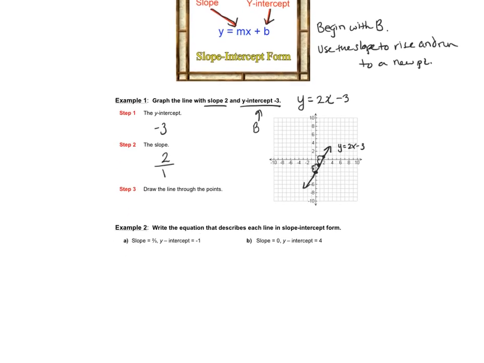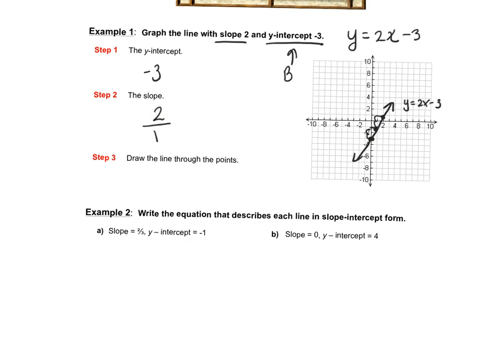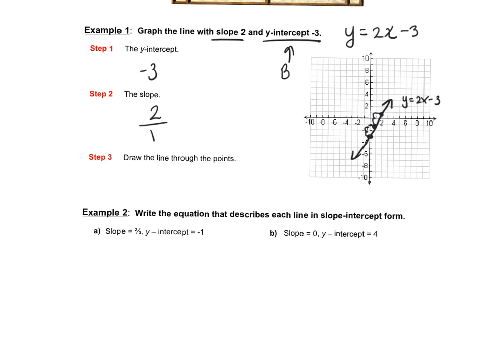Example 2. Write the equation that describes each line in slope-intercept form. This is kind of what I did in example 1. So what it is y equals the slope, 2/3, x, and then you write the y-intercept, in this case -1. Next one, y equals the slope, 0, x, and then the y-intercept is +4, so I'm going to write +4.